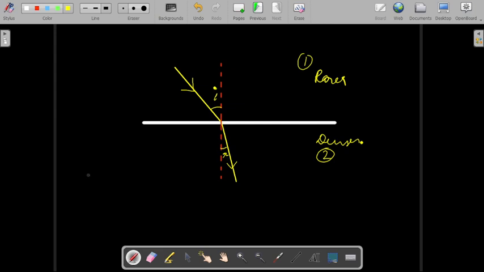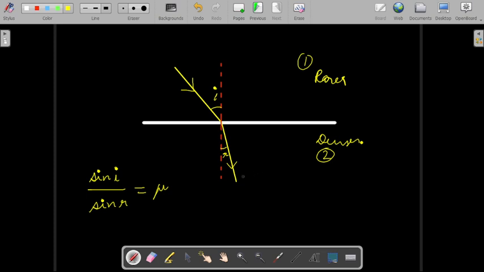Then according to Snell's second law, we will have a relation: if I take the ratio of sine of angle I to sine of angle R, we will receive a constant. That constant is basically the refractive index mu of medium 2 with respect to the first one.